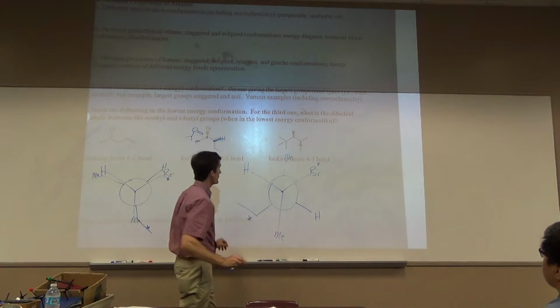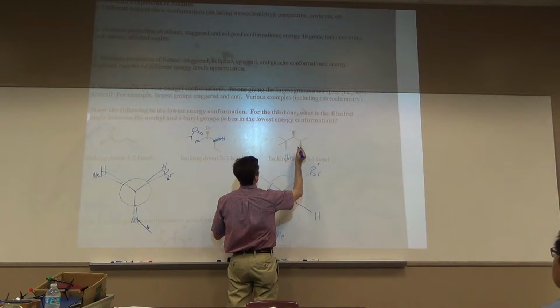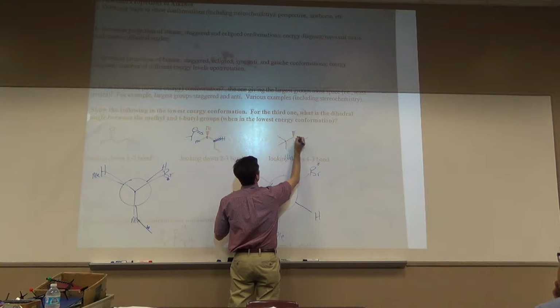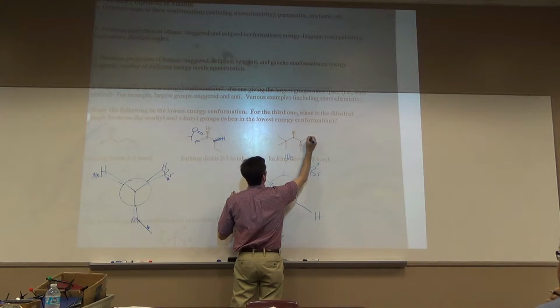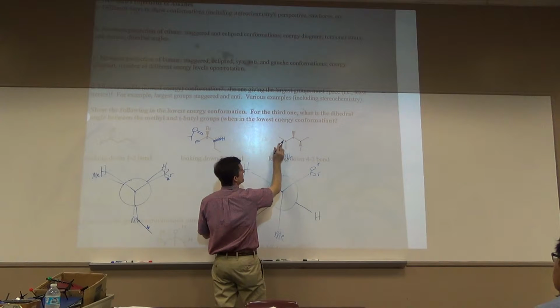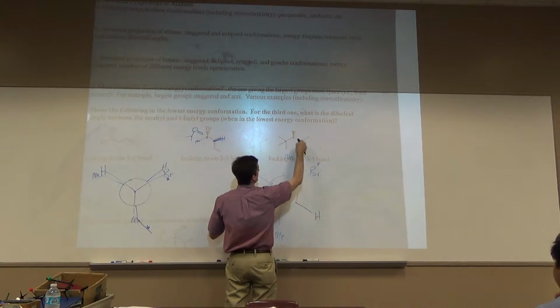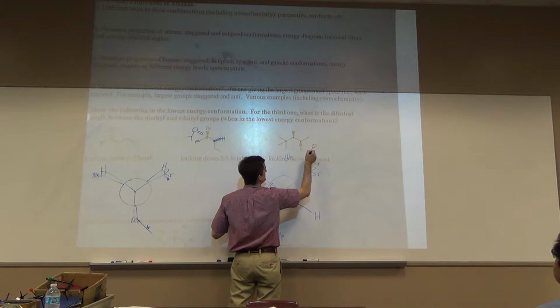Okay, looking down the 4-3 bond, what's the nomenclature here? That's got to be 1, 2, 3, 4, 5. That'll give us 2 substituents at the 2 position, where this way you only have 1 substituent at the 2 position. 4-3, 4-3. So we want to be looking down through here.